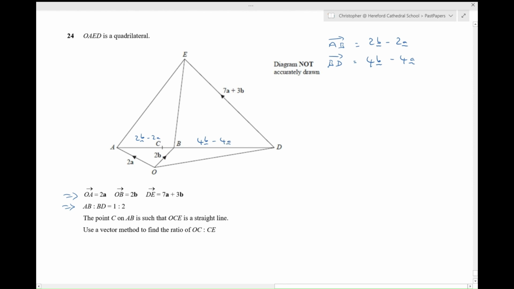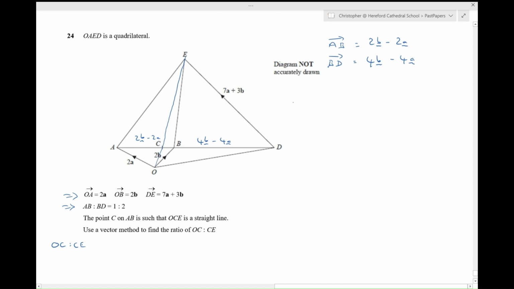Right, now this question is all about the point C, and I'm asked to find the ratio of OC to CE. What I'm going to do is find some different ways of expressing O to C. Now, one way of expressing O to C is that it is a certain fraction of OE.